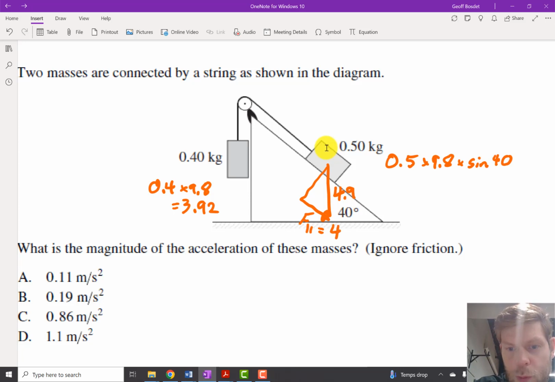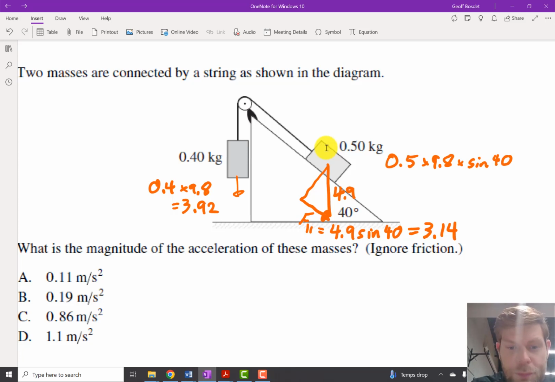It would be 4.9 sine 40, which is 3.14. So at this point, we know that it's going to naturally tend to go in this direction. Now, this side is winning. It's a bigger number, even though this is a bigger mass, but the slope matters.